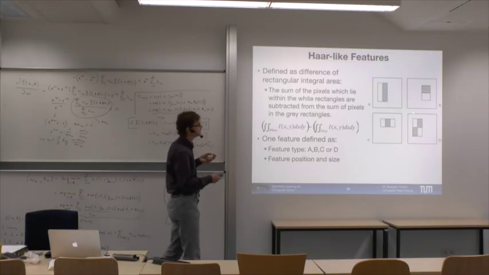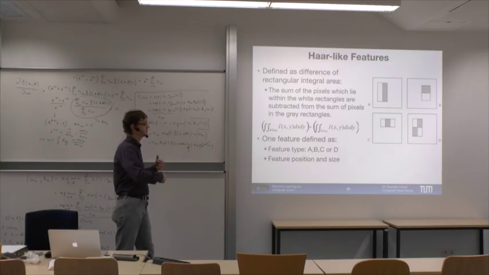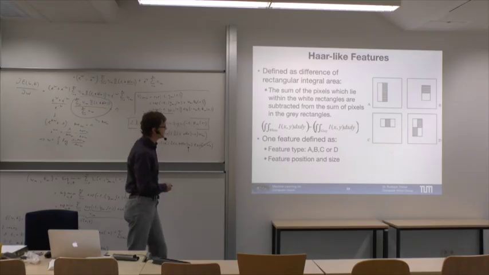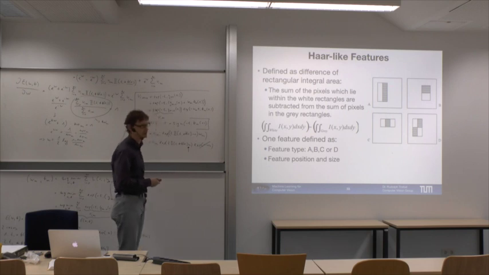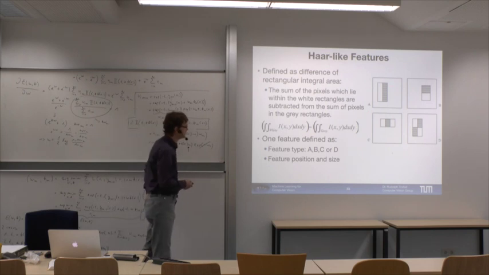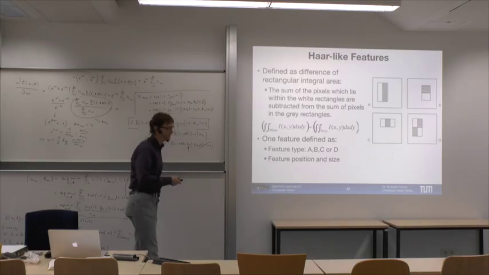Or here, you have a black part and a white part, and one is the sum, and the other is subtracted. The sum of the pixels which lie within the white rectangles is subtracted from the sum of the pixels in the gray rectangles. This is the whole idea of these Haar-like features. You can write this also in this form with integrals, but in the end it's just sums.